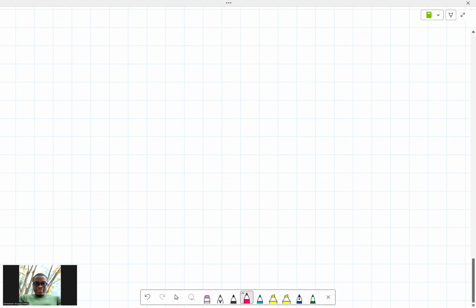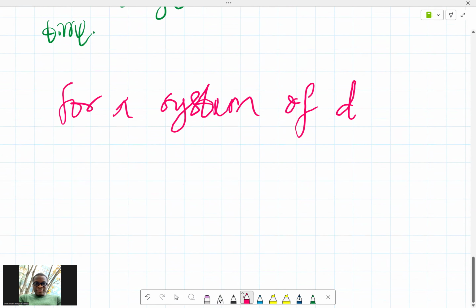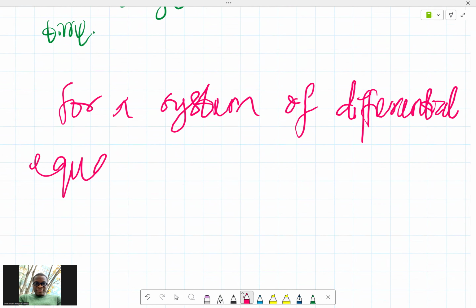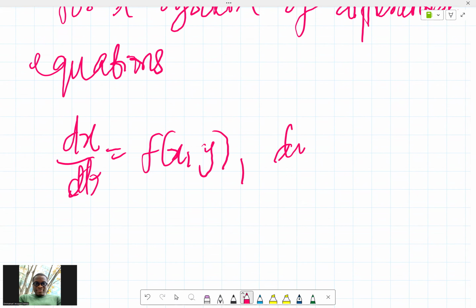For a system of differential equations, dx/dt equals f of x comma y, and dy/dt equals g of x comma y.